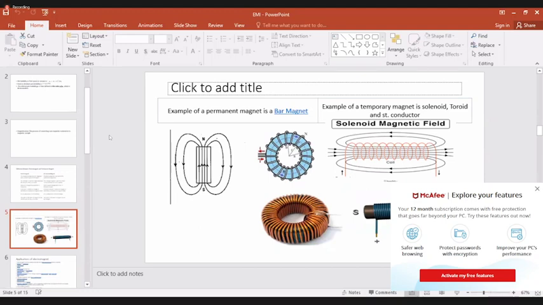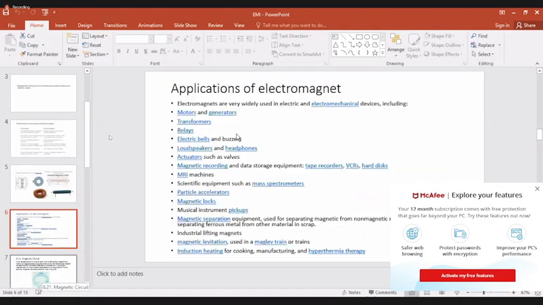Now, the applications of the electromagnet: where we can use electromagnets. Electromagnets are widely used in electrical machines or electromechanical devices, including generators, motors, transformers, relays, electric bells and buzzers, loudspeakers, headphones, actuators. This is not part of the syllabus, but we want to study it for the further chapter.